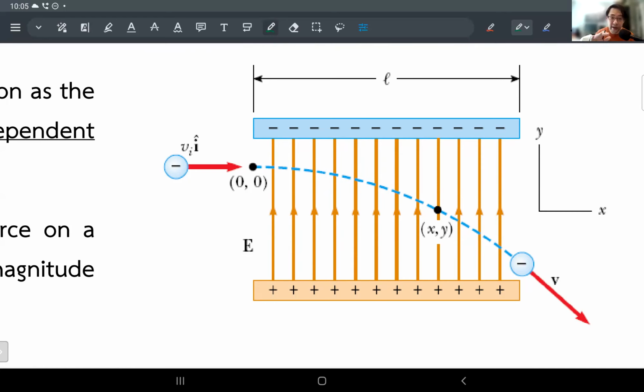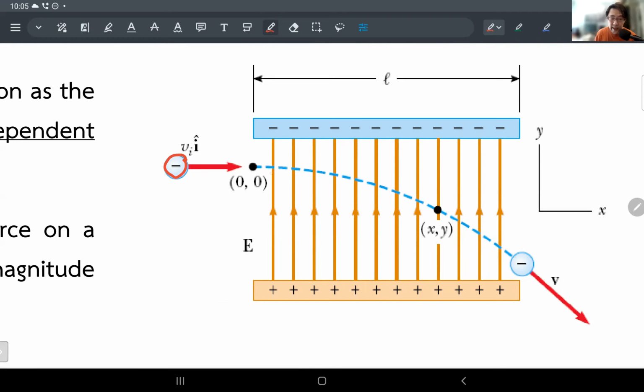If you have an electric field pointing up, those orange arrows, and you're shooting in an electron, so it has a negative charge. The velocity at first, let's give it a horizontal direction, so it's going to come in from left to right.